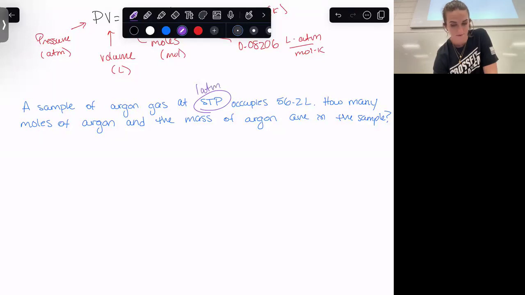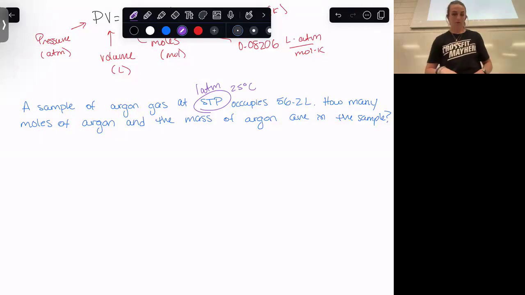1 atm. Is it 0 degrees Celsius or is it 1 degree? I believe in this case, it's 25 degrees Celsius. There is a case where STP becomes 0, but we'll call this 25 for now.